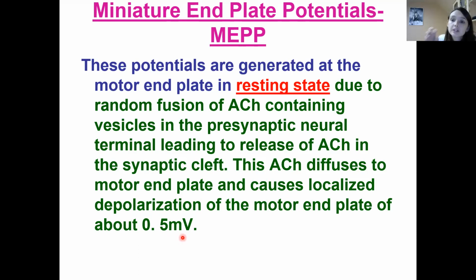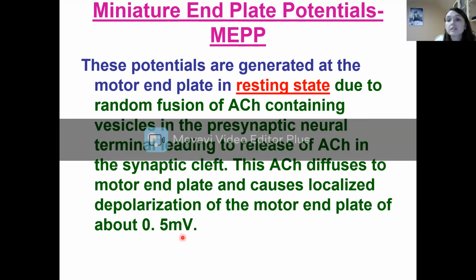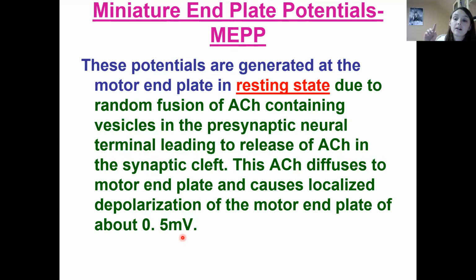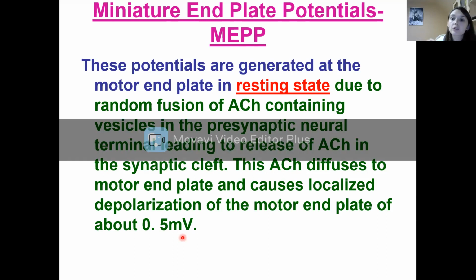So it's a small local response in the muscle cell, because when acetylcholine is released from the vesicles due to nerve impulses from the presynaptic neuron, it will be responsible for production of the action potential. In the case of the miniature end plate potential, this happens in the resting state.